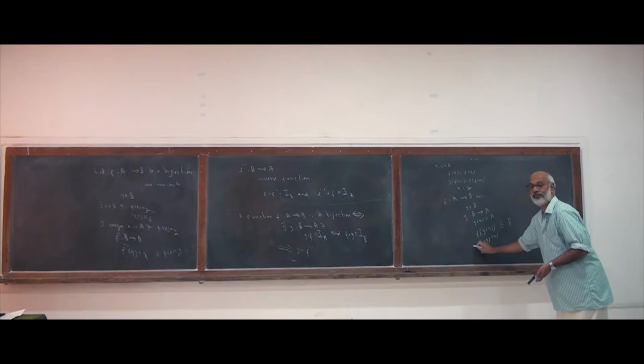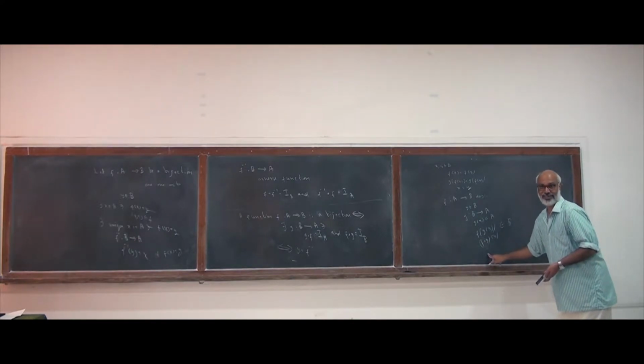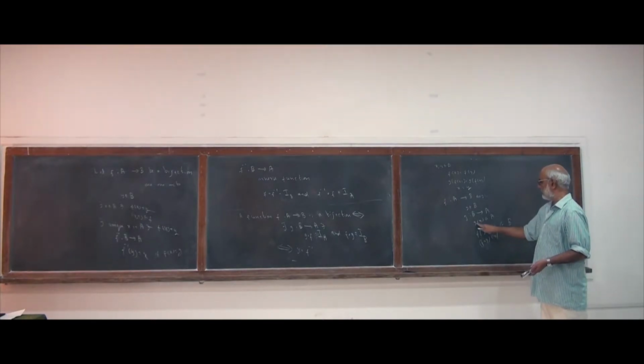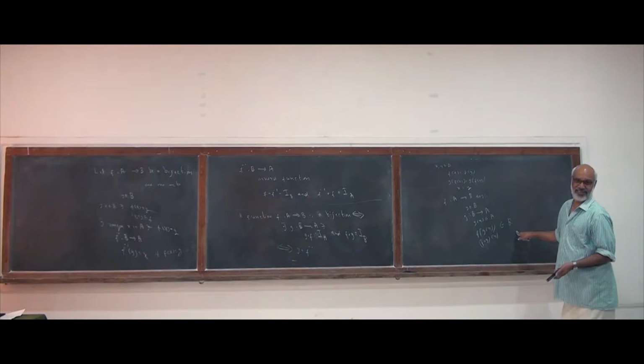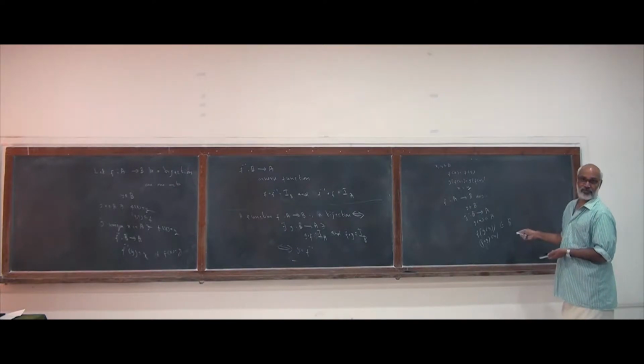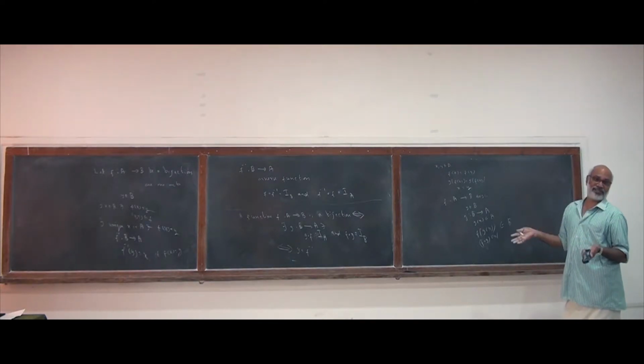And what is g composition f? It is the identity, so that g of f takes g of y to g of y. So f takes g of y to y. That means y occurs as the image of some element of A. So f is surjective also.